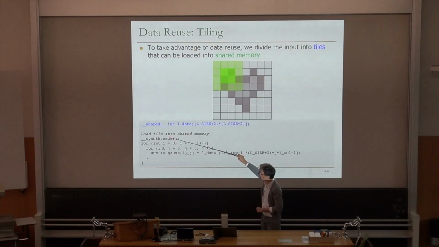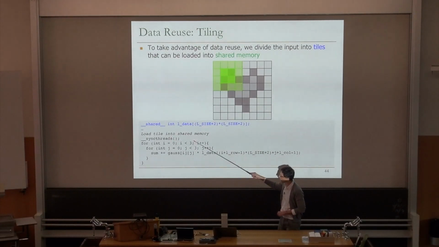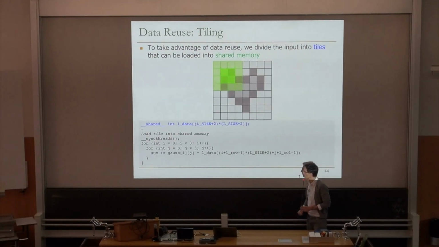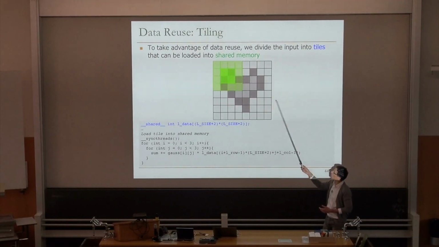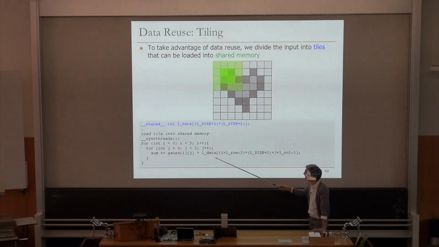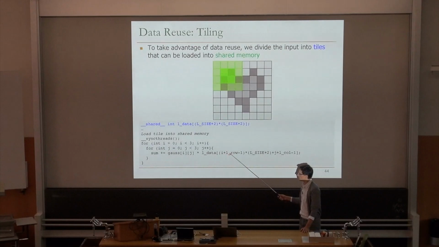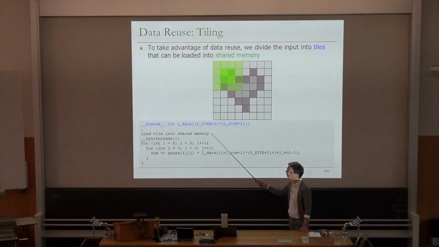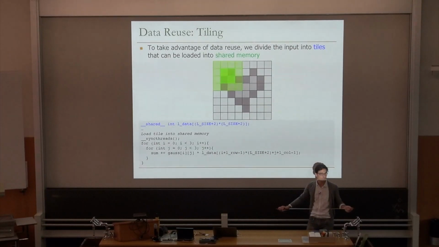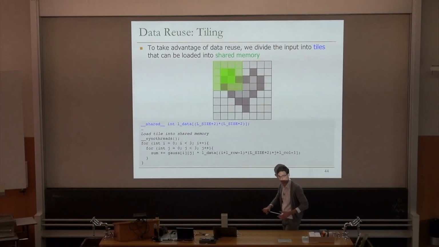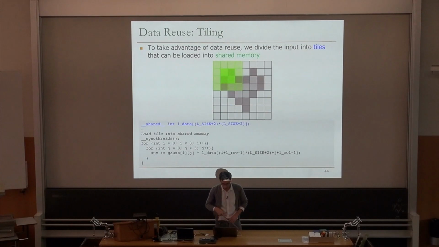That's why we need to use this sync threads, and then we do the computation for all the different pixels. Here, instead of accessing global memory for the image, what we are accessing is the local memory, the shared memory, the scratchpad memory, where we have stored this tile of the image. Okay?